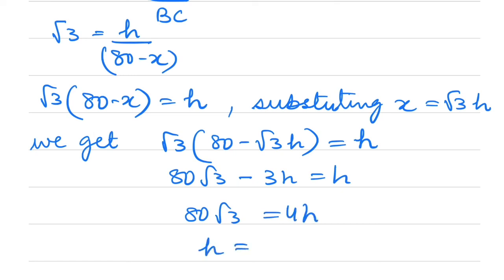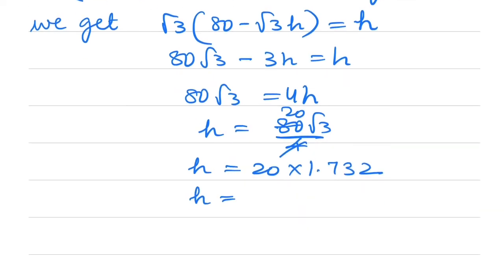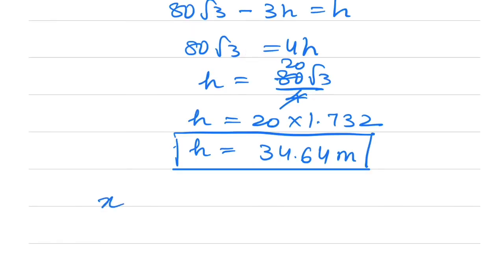So H is equal to 80 root 3 by 4, and this is 20 root 3. So H is equal to 20 root 3, and root 3 I can write down as 1.732. So the height is 34.64 meter.